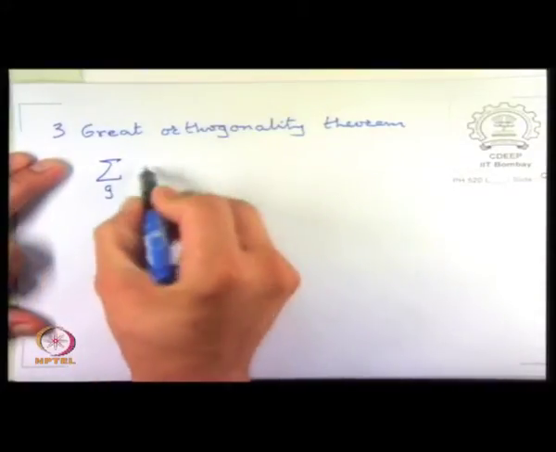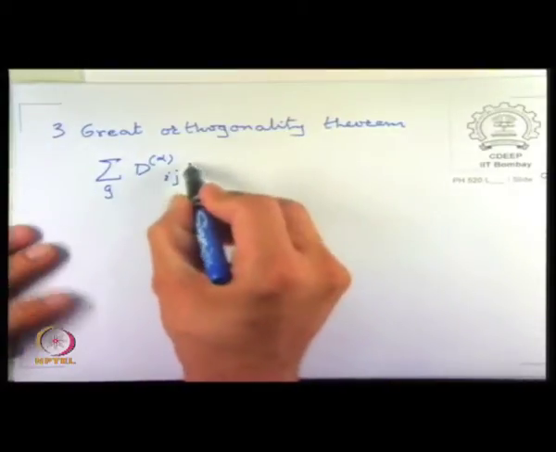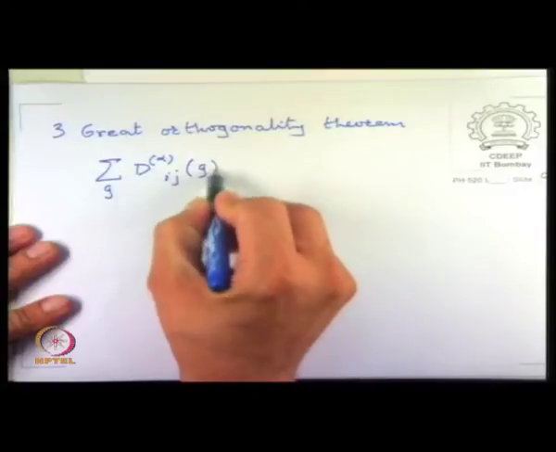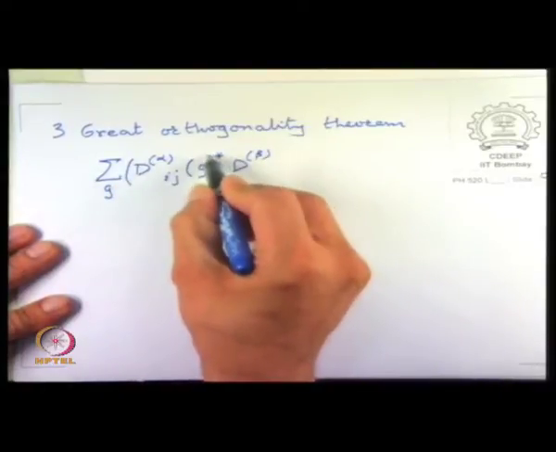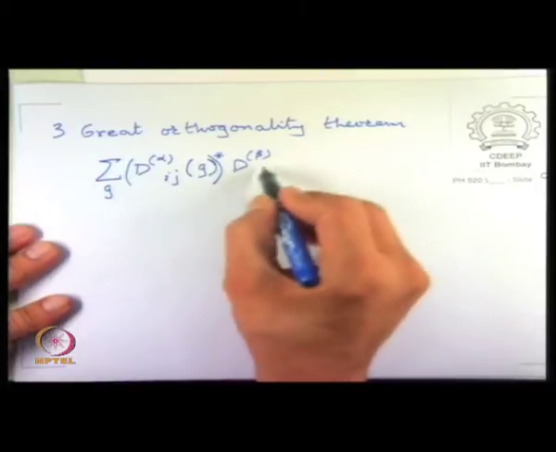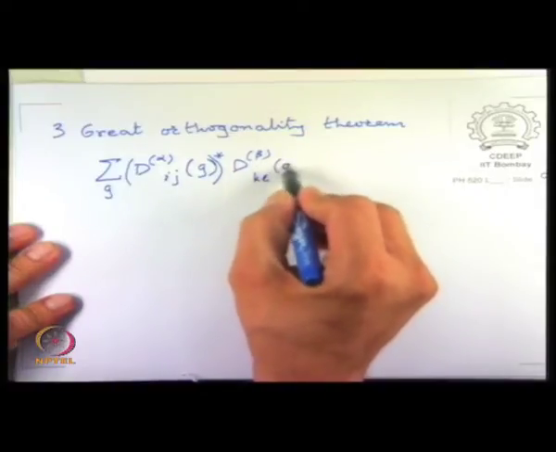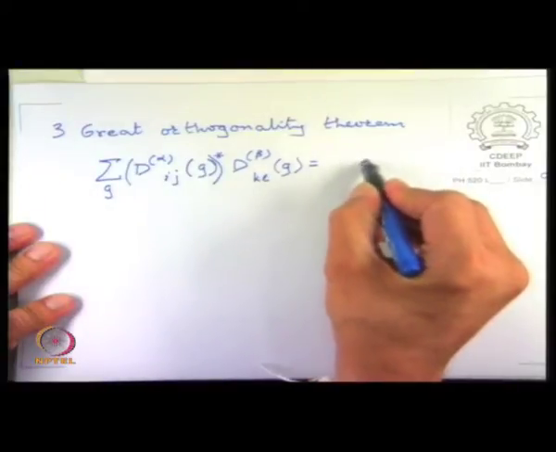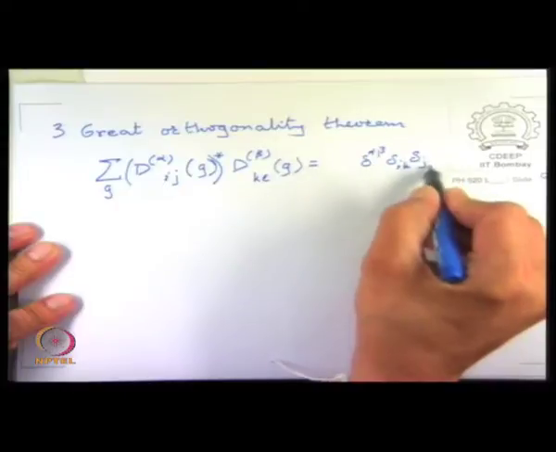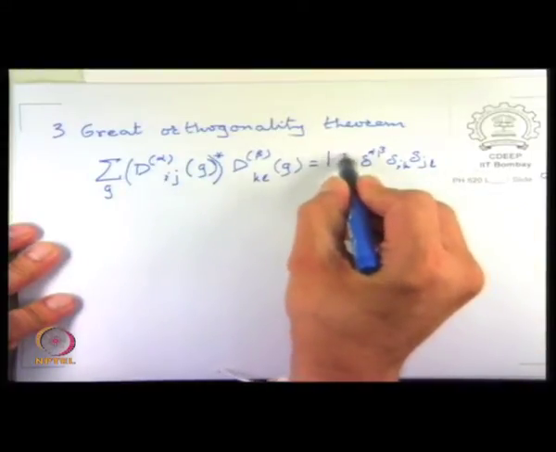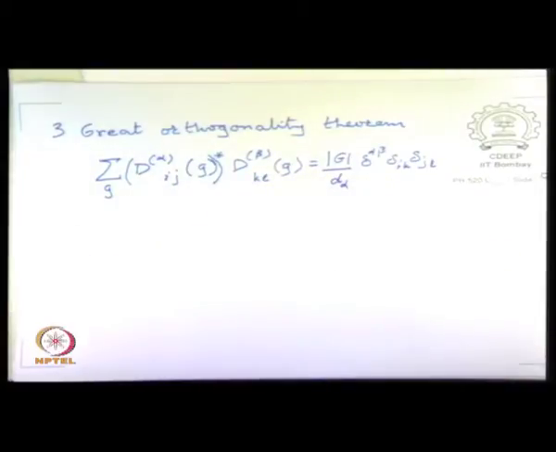Sum over all group elements g, D alpha, and since it is a unitary matrix, star D beta, where this star is on the matrix element as a whole, D beta of ijkl of g, is equal to delta alpha beta delta ik and delta jl, with a front factor which is the order of the group G divided by, let us call it, d alpha, the dimension of the representation alpha.